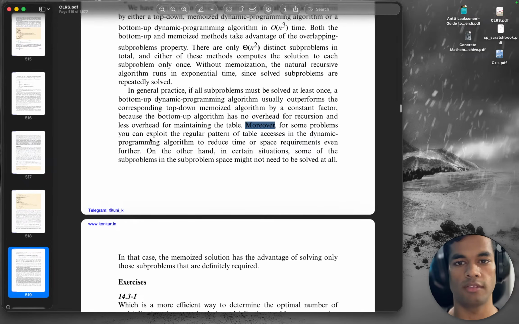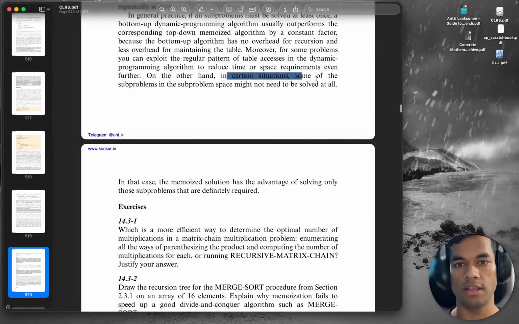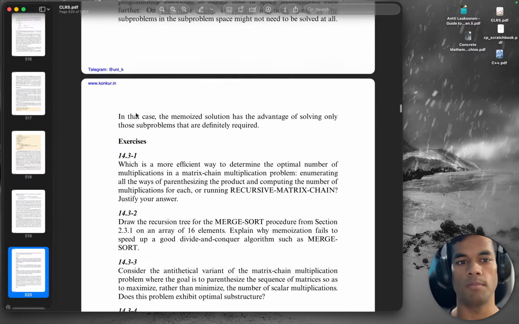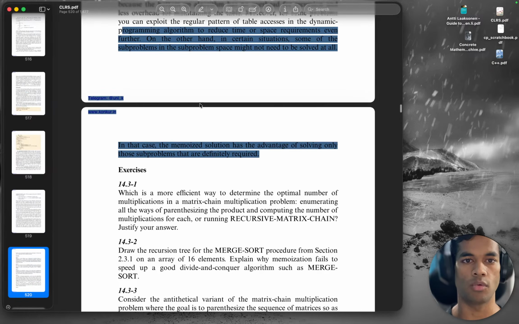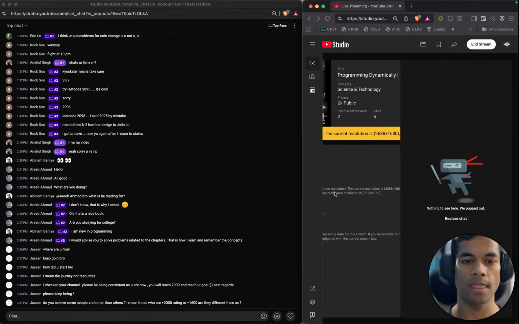Moreover, for some problems, you can exploit the regular pattern of table access and reduce the space requirements even further. On the other hand, in certain situations, some of the subproblems in the subproblem space might not need to be solved at all. In that case, the memoized solution has the advantage of solving only those subproblems that are definitely required. So there is a balance that we have to see.